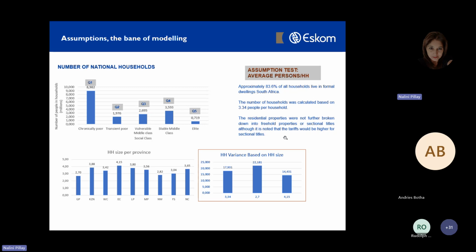But if we had to not use the average of 3.34, and used perhaps 2.7, which was the case many years ago, you'd find that the number of households that could potentially have EVs would be a lot higher. And then if you went to a higher average number of people per household, your results again could be significantly different.